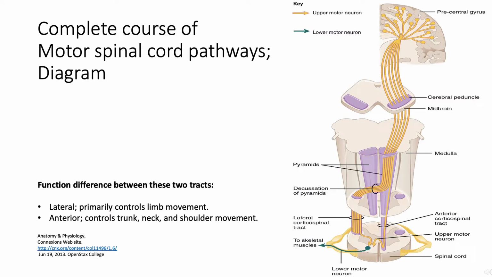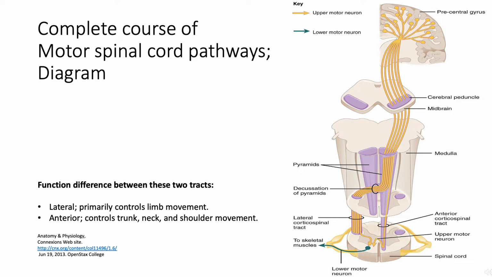On this slide, we will talk about some further details about the differences between the lateral corticospinal tract and the anterior corticospinal tract. You have a little note there which mentions the detail I talked to you about on the previous slide, the fact that the lateral corticospinal tract controls limb movement while the anterior corticospinal tract controls trunk, neck, and shoulder movement.